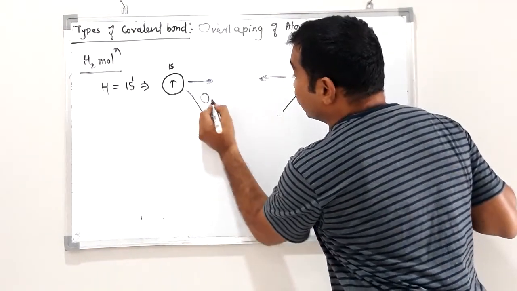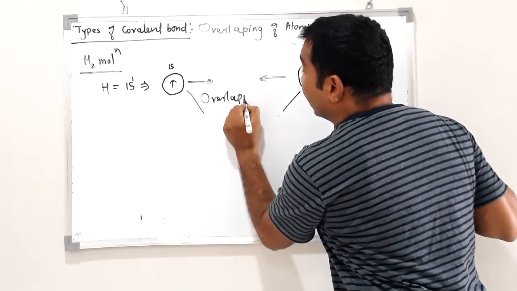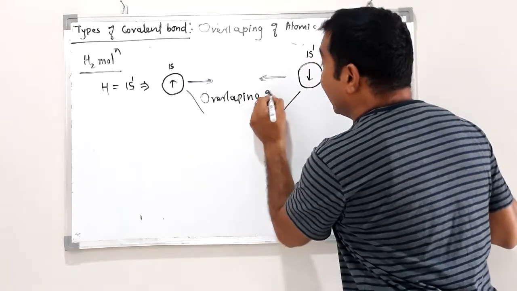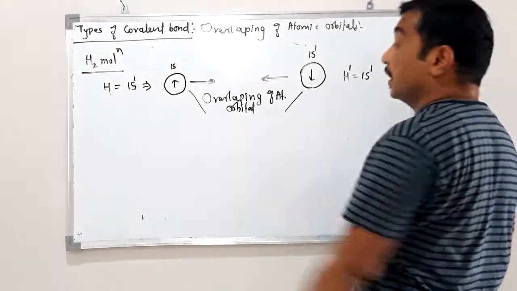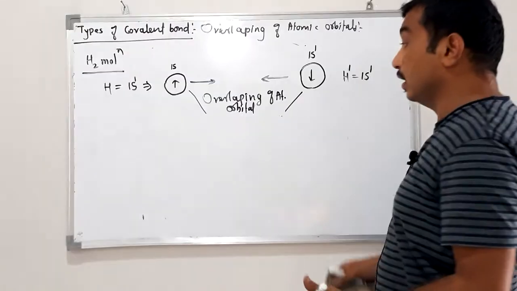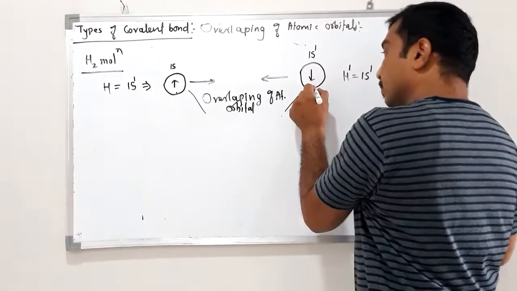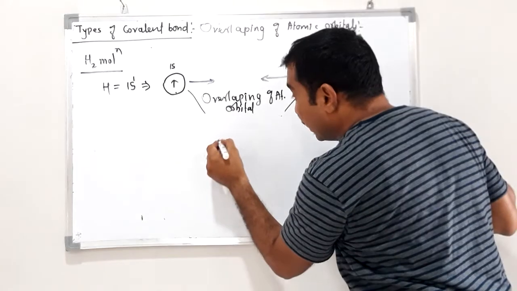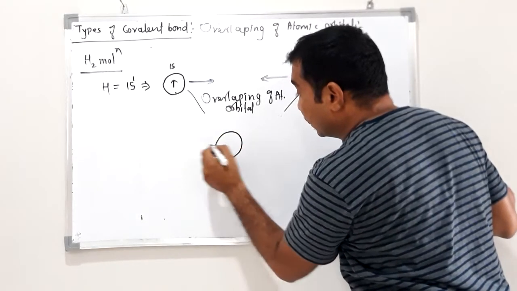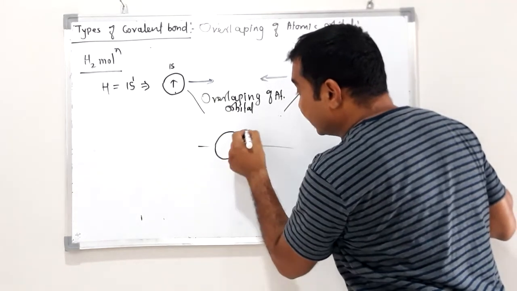The word is overlapping of atomic orbitals. That is the basic requirement for the formation of a chemical bond. Both orbitals are singly filled with opposite spin and overlap one another like this.